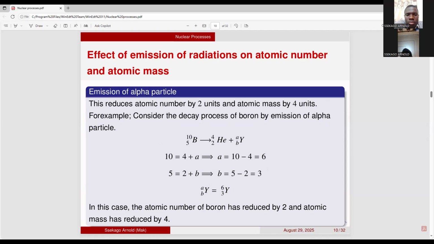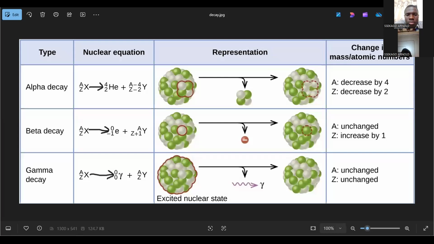If you recall from our previous session... Let me share this. So when a radioactive substance undergoes decay process, it emits radioactive particles.